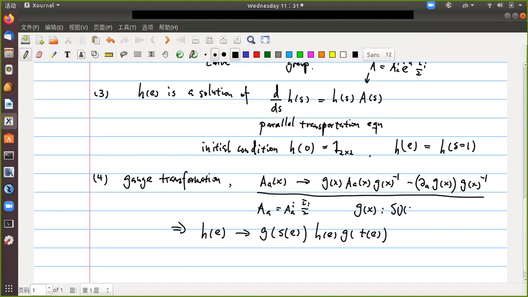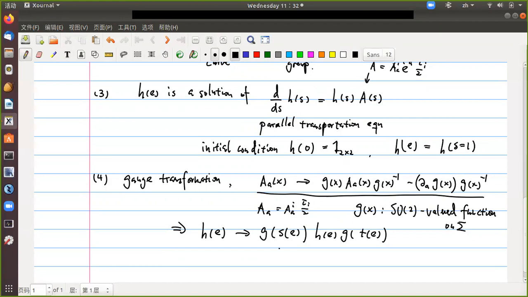Being a gauge transformation, this is a group valued function, an SU(2) valued function on the spatial slice sigma. Which means at every point x of sigma, you get a group element g(x). For any x, you get a group element g(x).